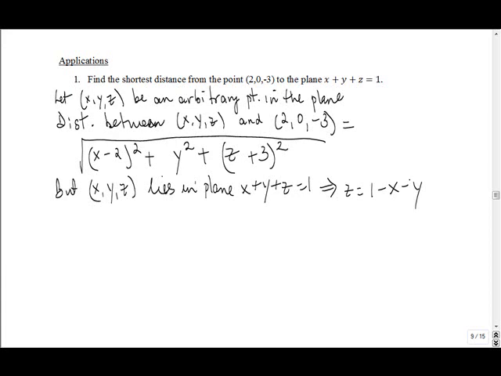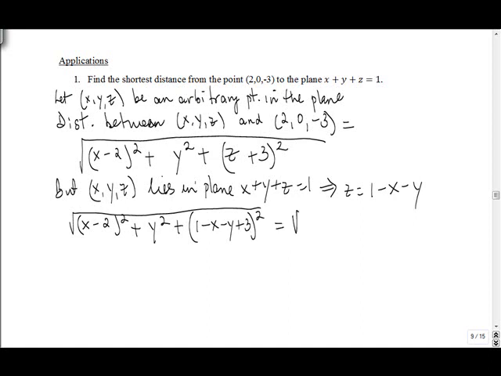Now take the z value and put it into that square root function. So we get the square root of x minus 2 all squared plus y squared plus 1 minus x minus y plus 3 squared.